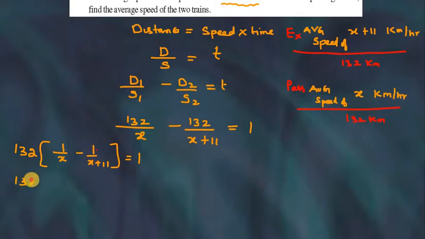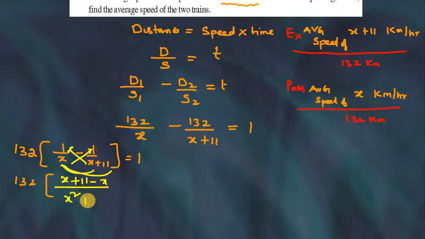So simplification: x plus 11 minus x by the product of these, so x square and x into 11, 11x, is equal to 1.